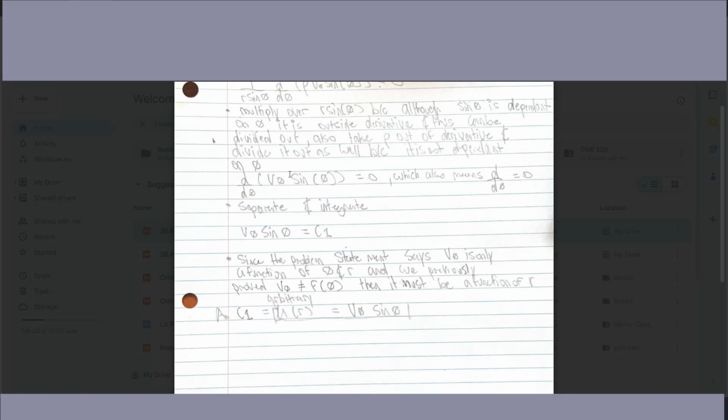So now you're left with this equation, and this equation basically just says that d/d theta of (v theta sine theta) equals 0, because this whole derivative equals 0. So then you separate and integrate this equation, and you get v theta sine theta equals c1.